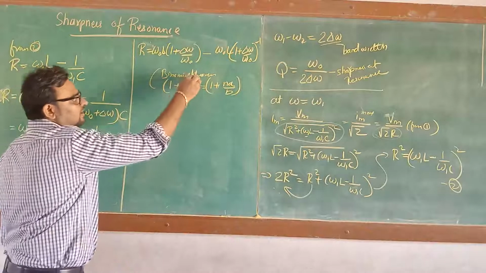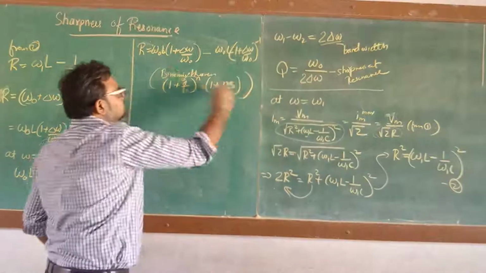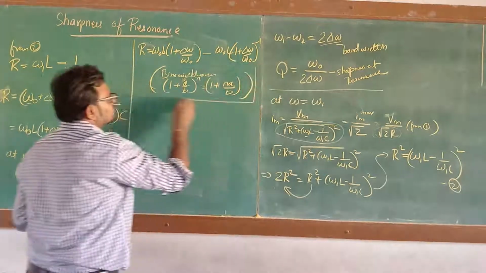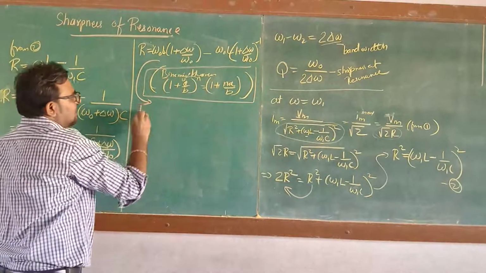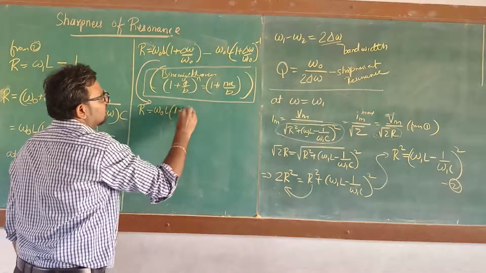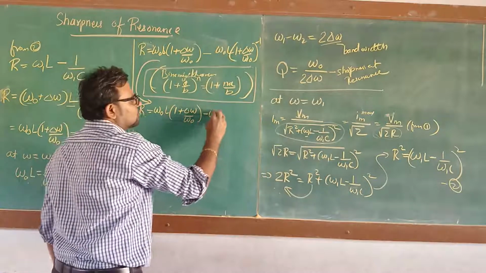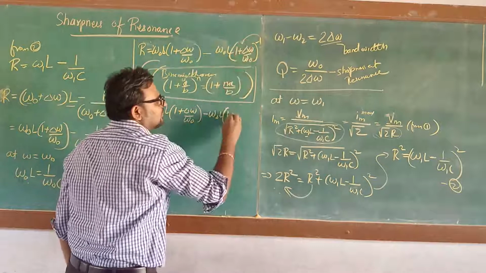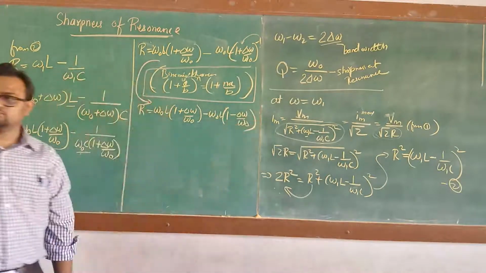The power gets multiplied. Using this, we get R equal to omega 0 L (1 plus delta omega by omega 0) minus omega 0 L (1 minus delta omega by omega 0).